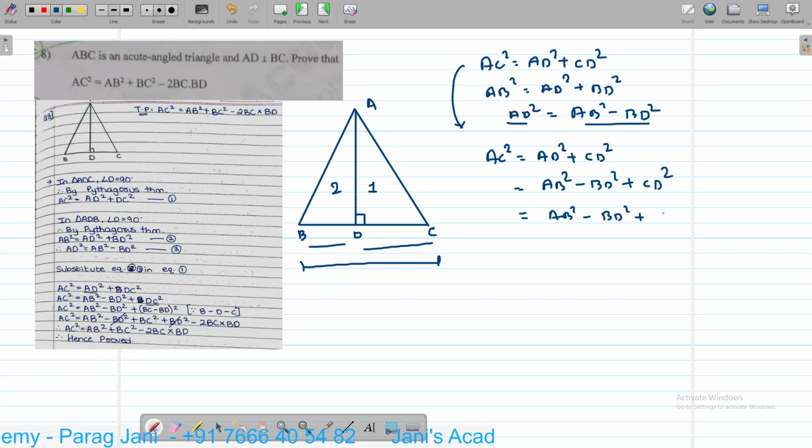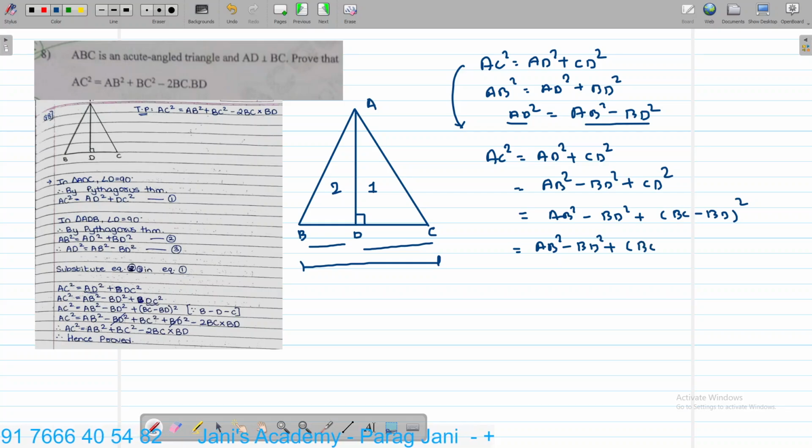So what you can write here is BC minus BD whole square. Now further, AB square minus BD square plus BC square minus 2 BC dot BD plus BD square.